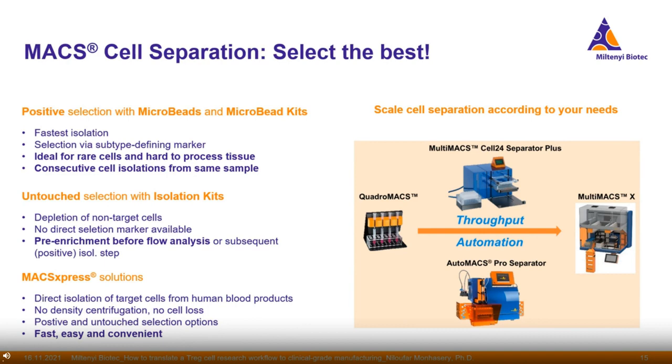Or MACSxpress solutions for being really fast, easy and convenient. And at the same time, you can scale cell separation according to your needs. You can benefit from completely manual approaches or from the MultiMACS X for a fully automated system.